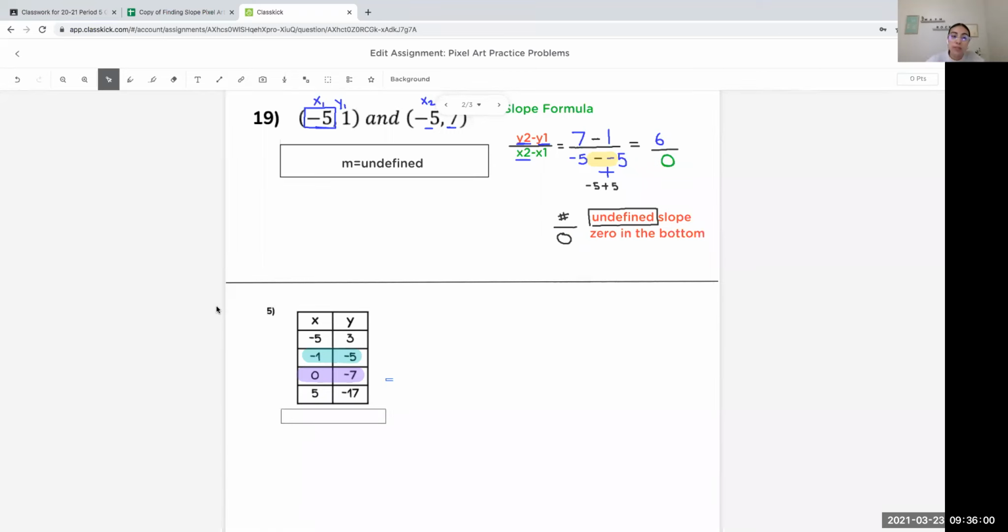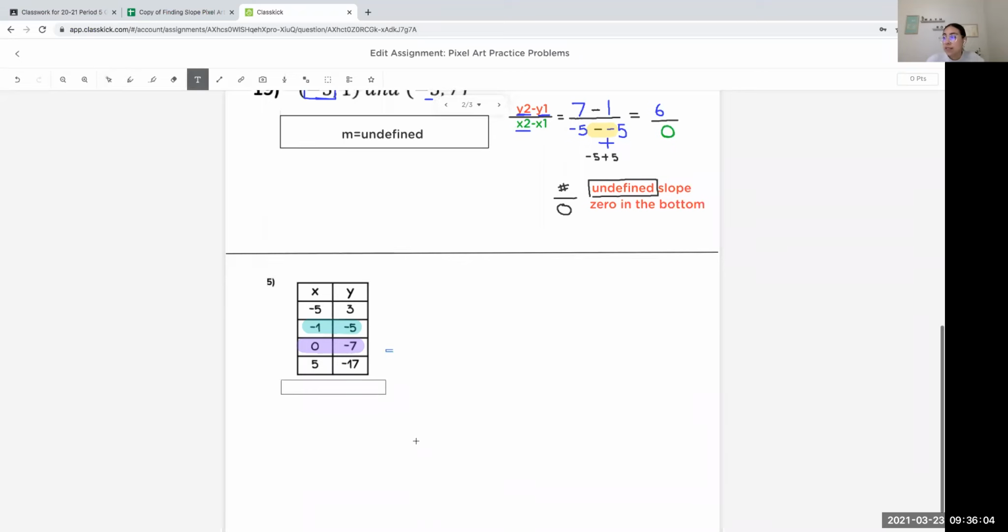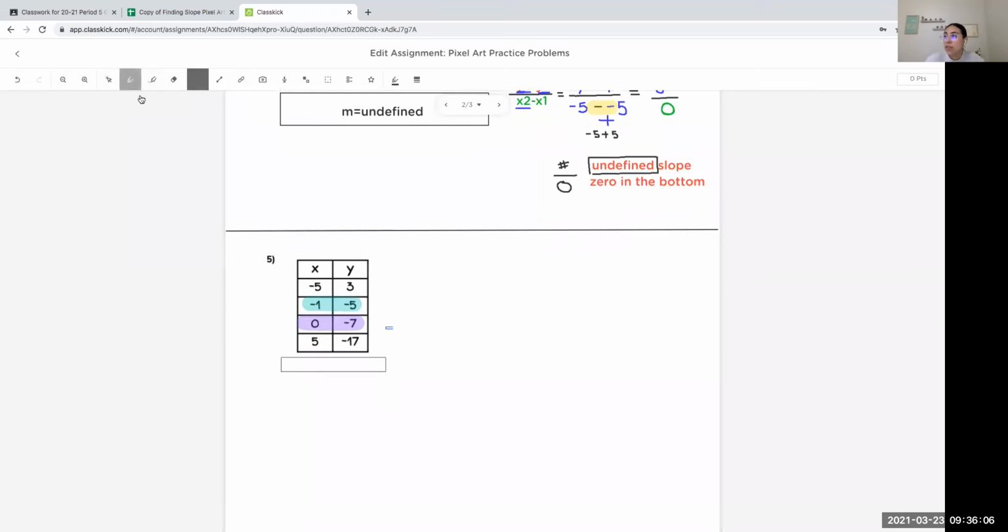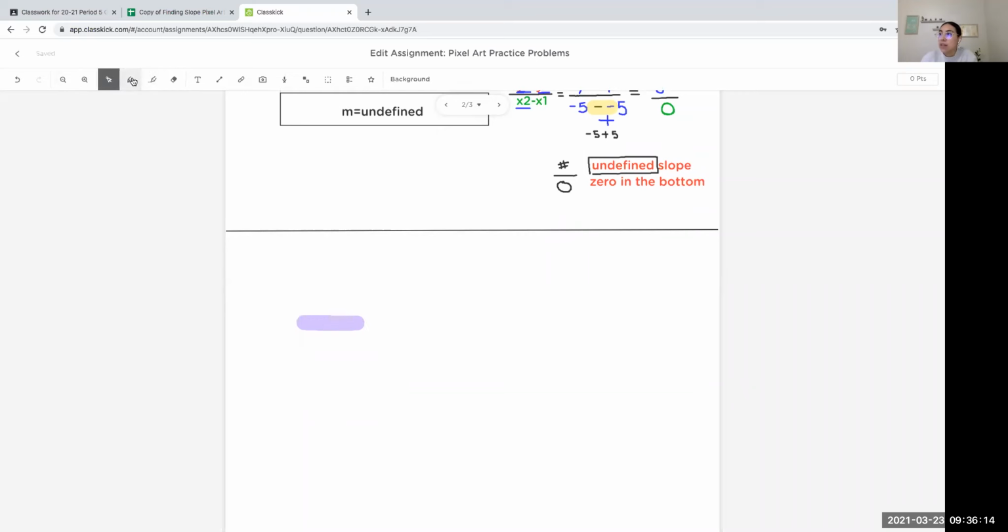Oh, good question. Very different. So let me write that here. That's actually a very good example that you guys can keep. I got a question saying, if we have 0 over 6, is that the same as 6 over 0?